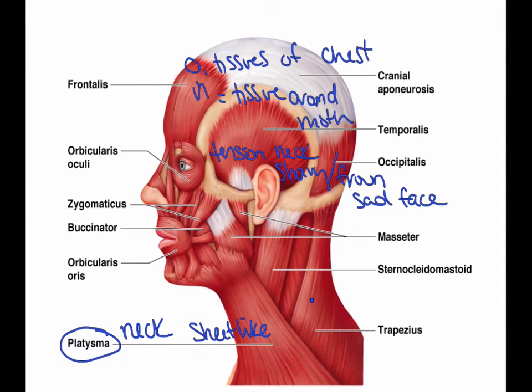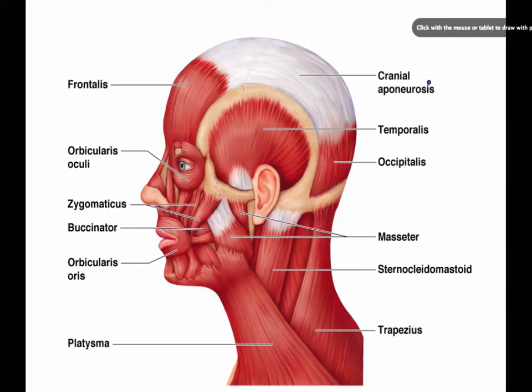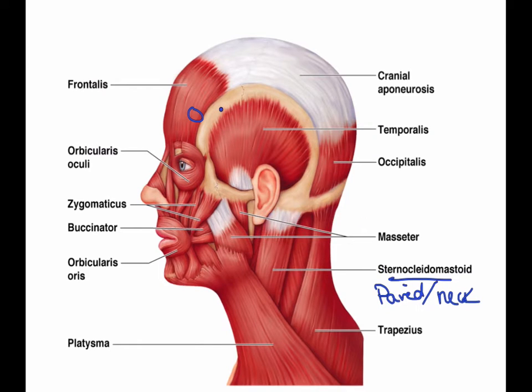And then our last one here is the sternocleidomastoid, and this is a paired muscle. It's also going to be a neck muscle still. The origin is the sternum and clavicle. The insertion is the mastoid process.